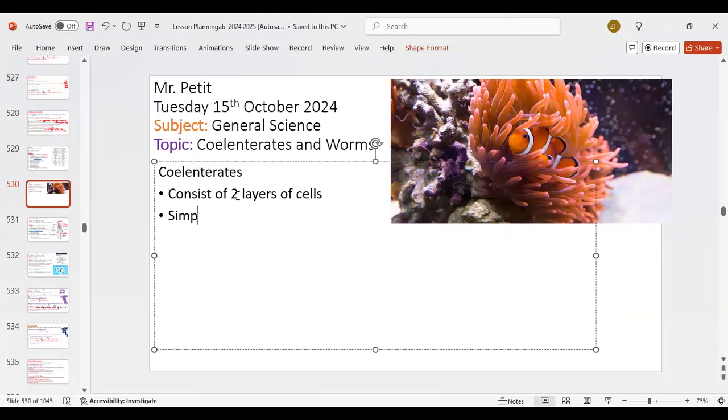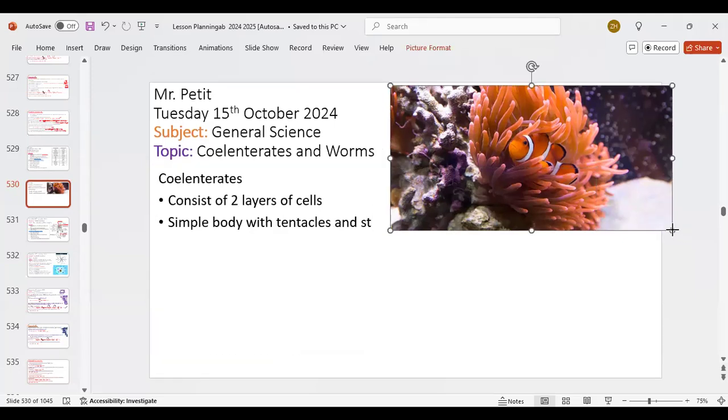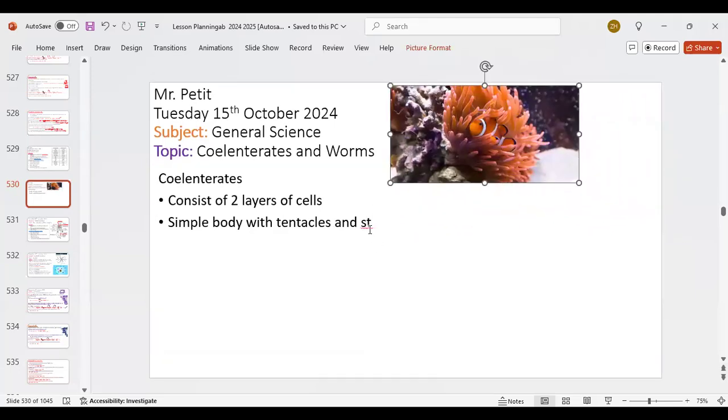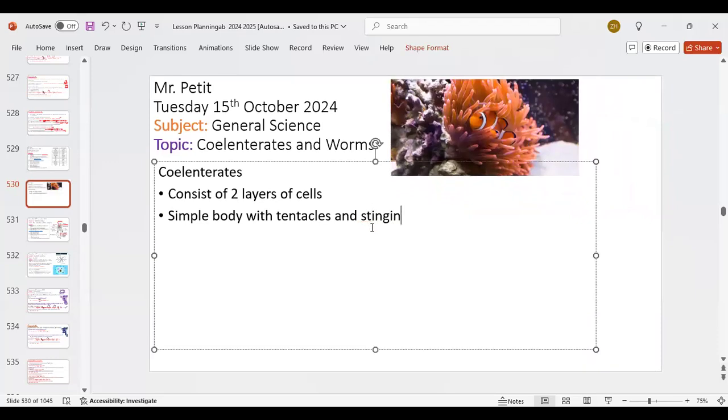They have a simple body with tentacles and stinging cells. So that means that they could sting you. Where do they live? In water. They live in the water.